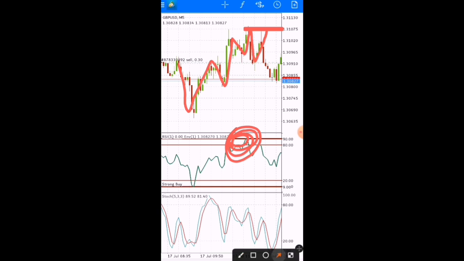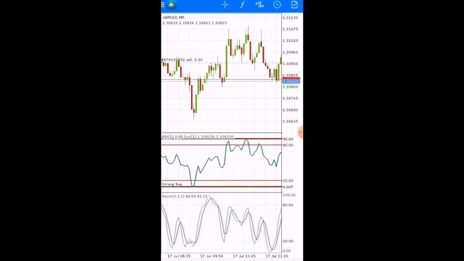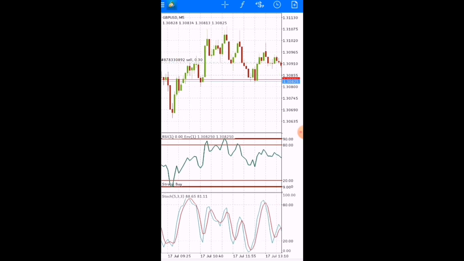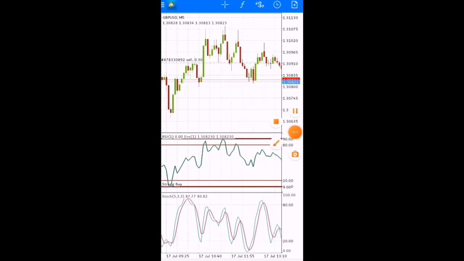If price is at the top and moving in the downward direction, I confirm again that really this could be a reversal. So now I have to enter the trade at a pullback. Okay, at a pullback there.